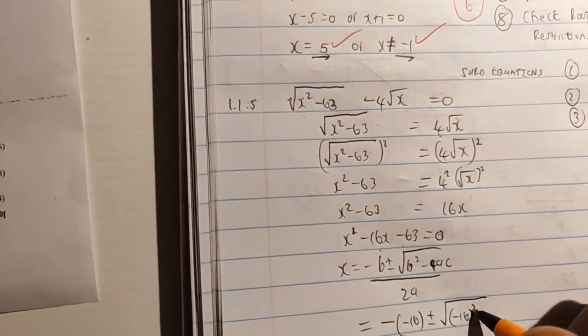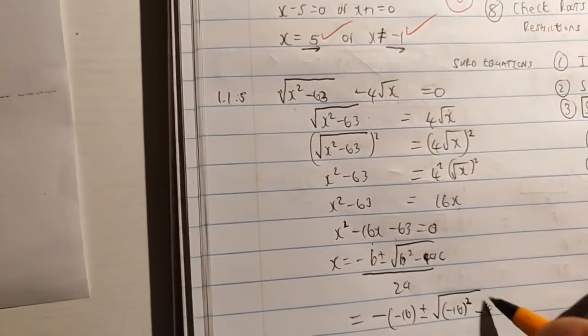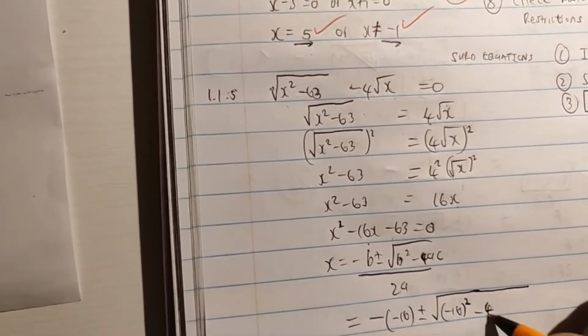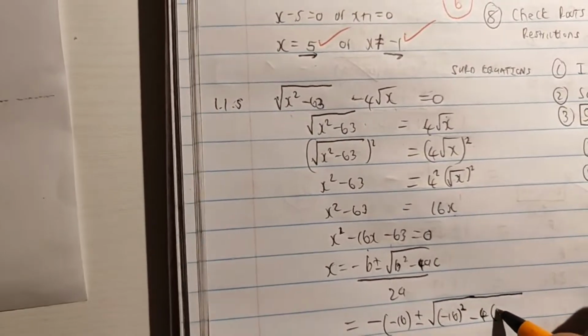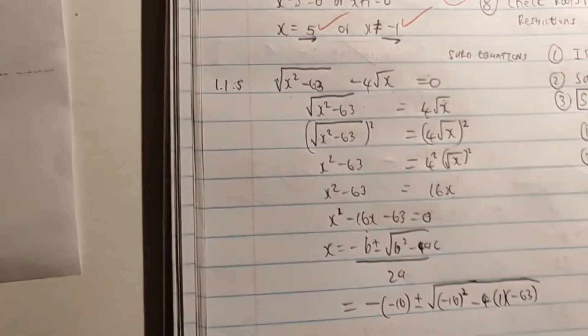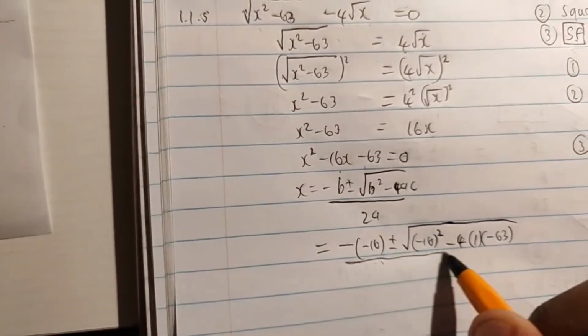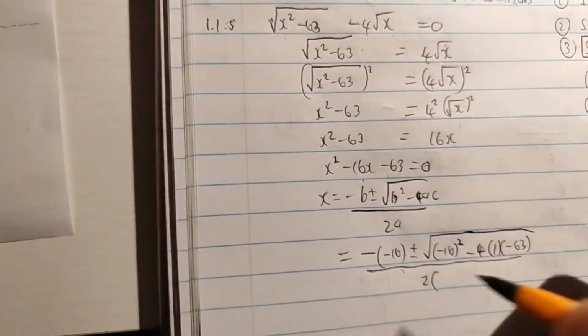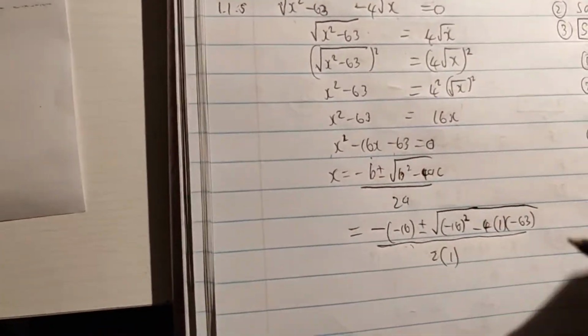Please guys, when you substitute, you put it in brackets, because not putting in brackets means something completely different. Okay, 4ac, over 2, the a is 1.